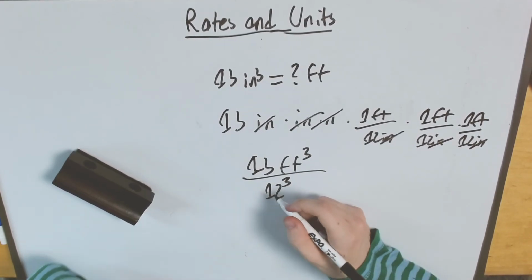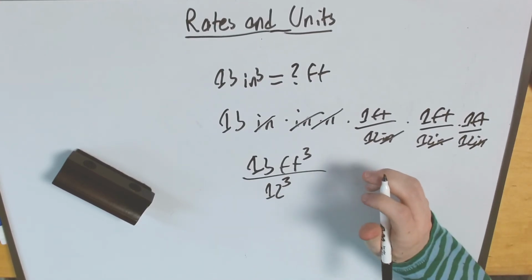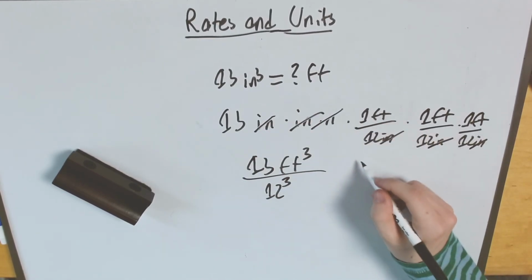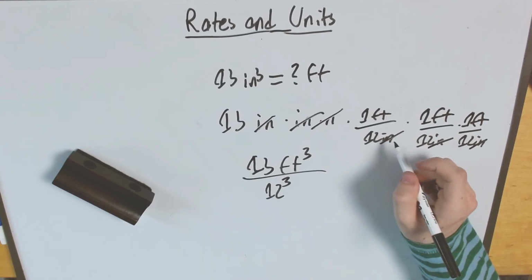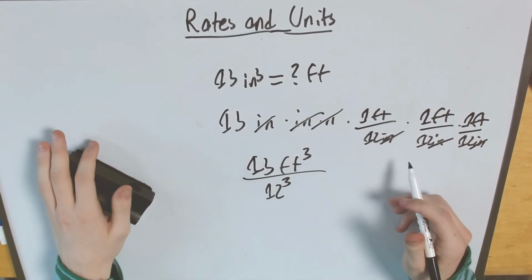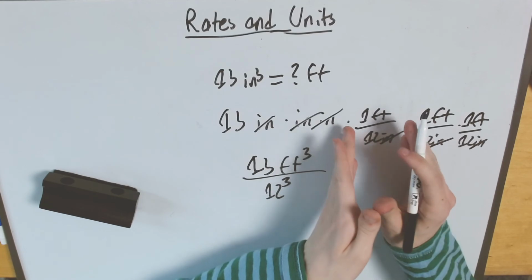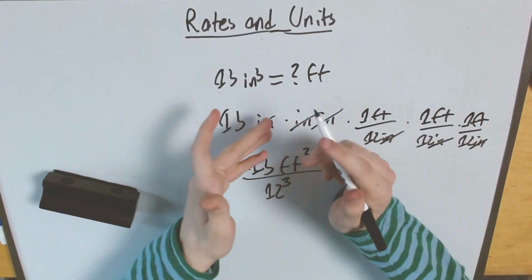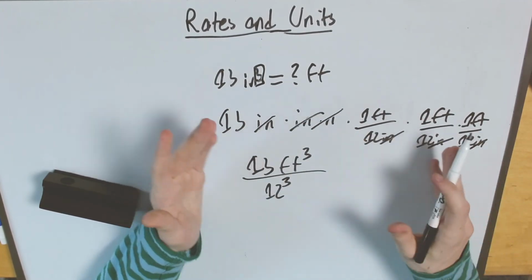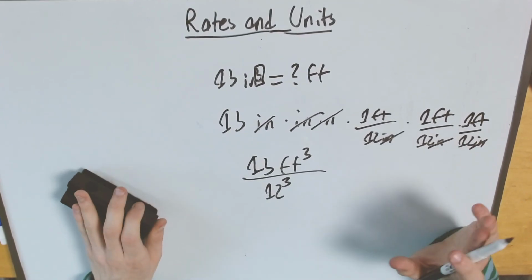So you can see it's not just going to be 1 foot over 12 inches once. If it's cubic, or even if it's squared, we need to do that however many times our exponent is. If it's cubic, I need to do it 3 times. If it's squared, I need to do it 2 times.